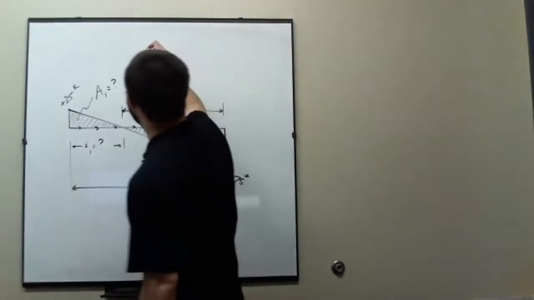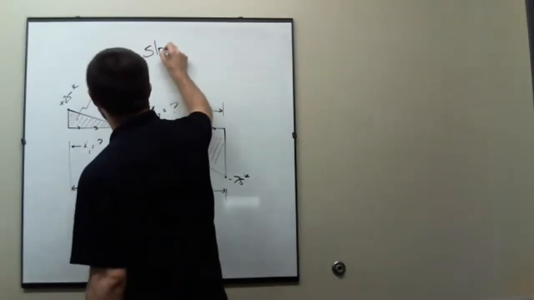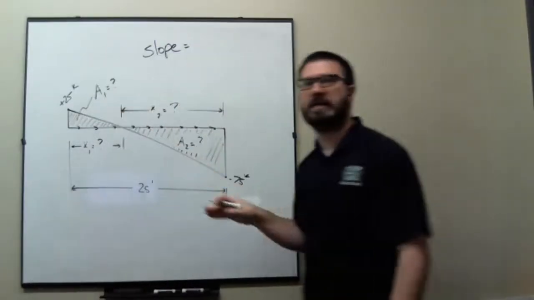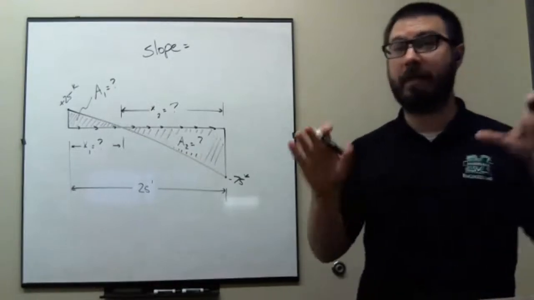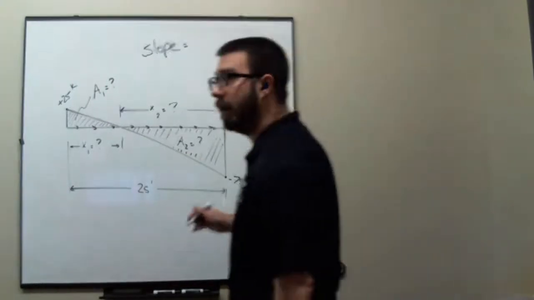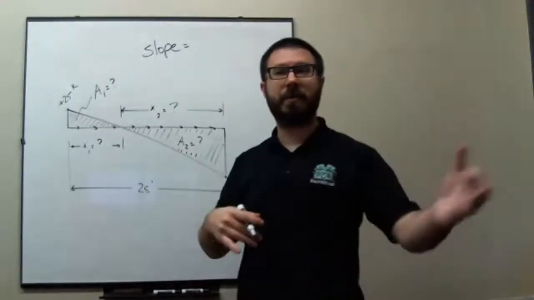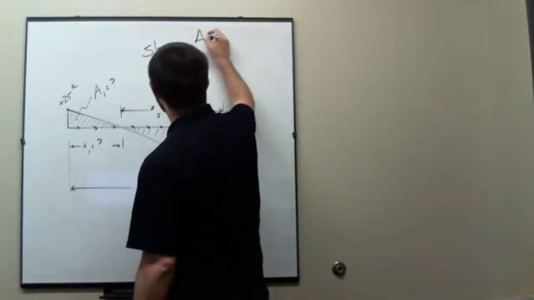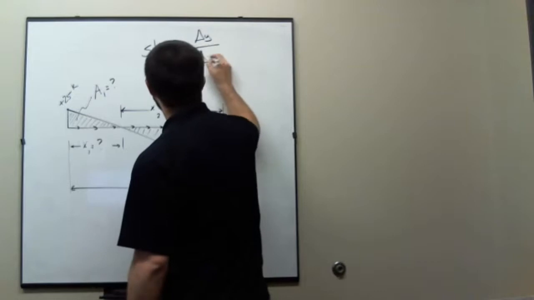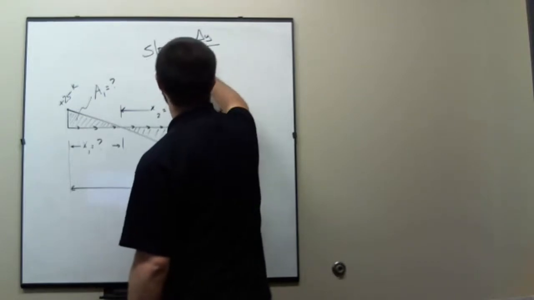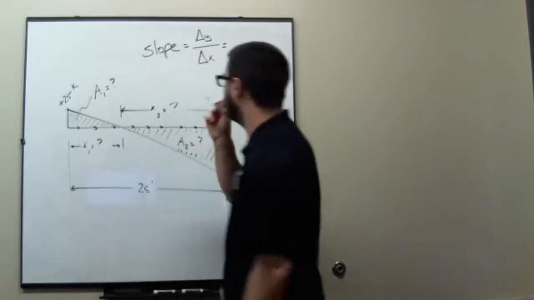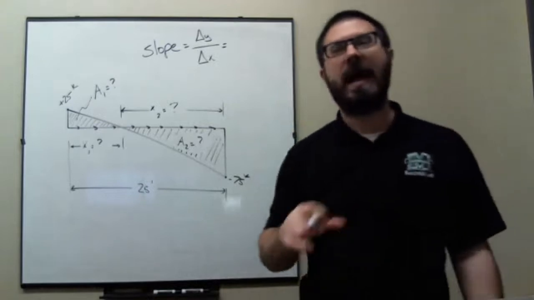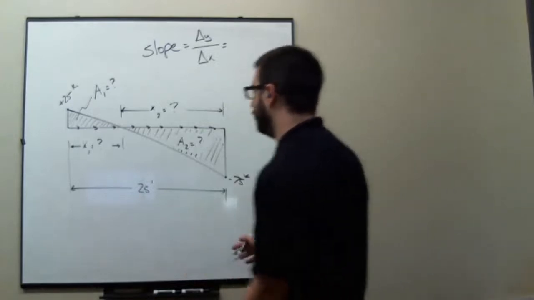The first thing I'm going to do is I'm going to compute the slope of this line, okay? And I'm going to go back to basics when we're computing that slope. If you remember from algebra or whenever you first started learning about this, the slope is the change in y over the change in x. You know, that's simple. Just change in y over change in x, okay? And so we ask ourselves, how much do we change in each direction?